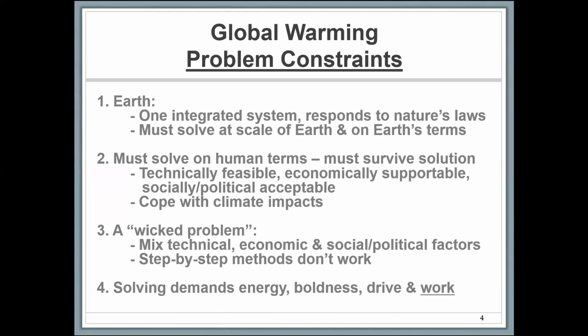Solving this most complex and threatening problem ever faced will require tremendous energy, boldness, drive, and hard work. These realities cannot be ignored. We have to deal with all of them together in order to successfully overcome global warming.